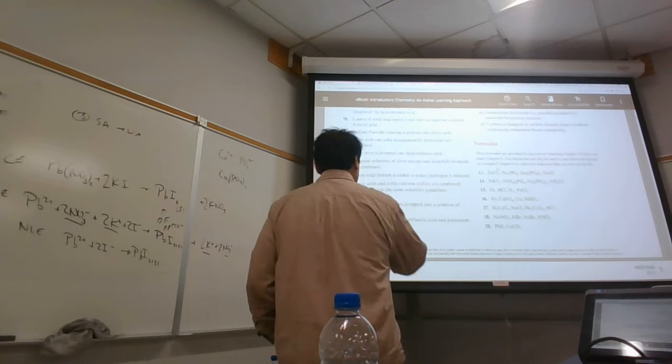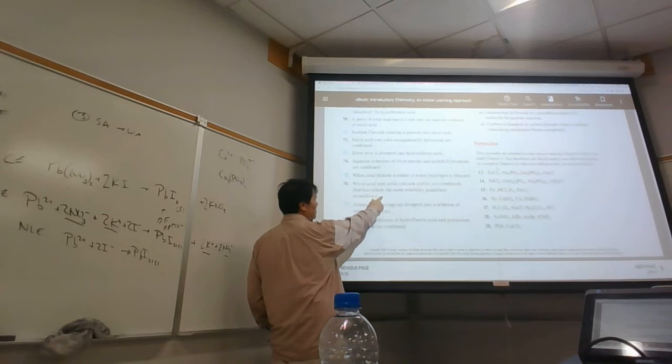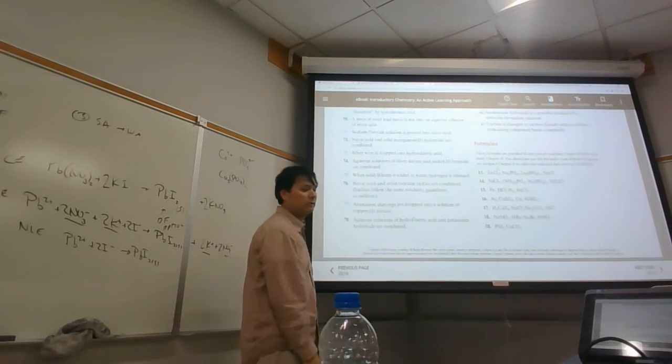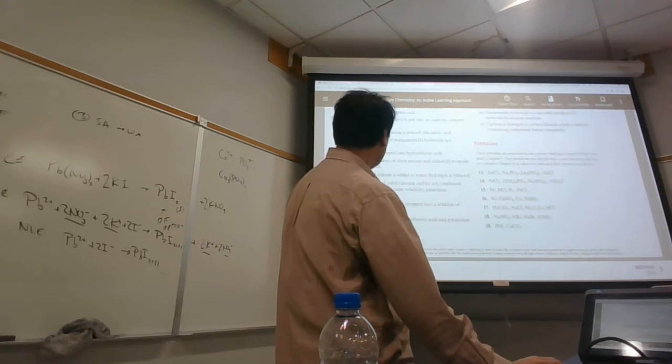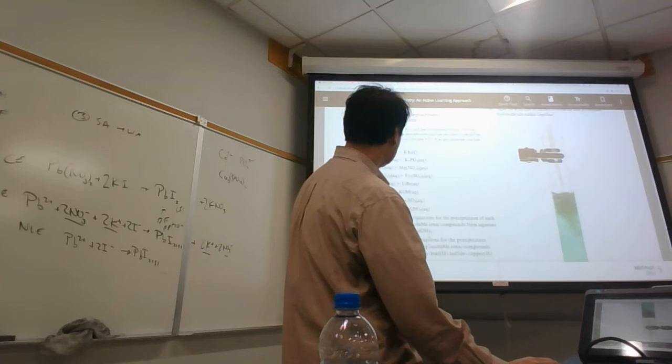I don't know why they didn't say this earlier. For number 76, they say sulfites follow the same solubility guidelines as sulfates. So we know what sulfates are. This would have been more helpful on the previous page.